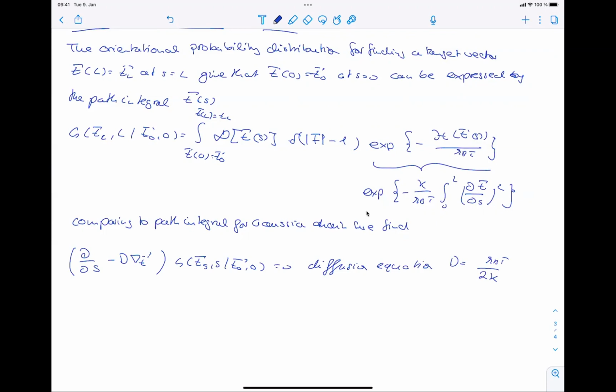Now, just to be consistent with the initial condition, obviously if we start at 0, this is a delta.